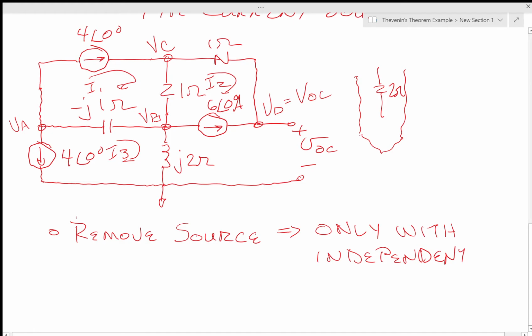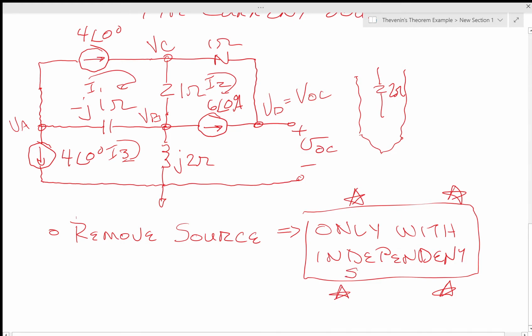It does not work with circuits that have dependent sources in it. So don't start using this. It only works with independent sources. Okay? It does not work with anything else.